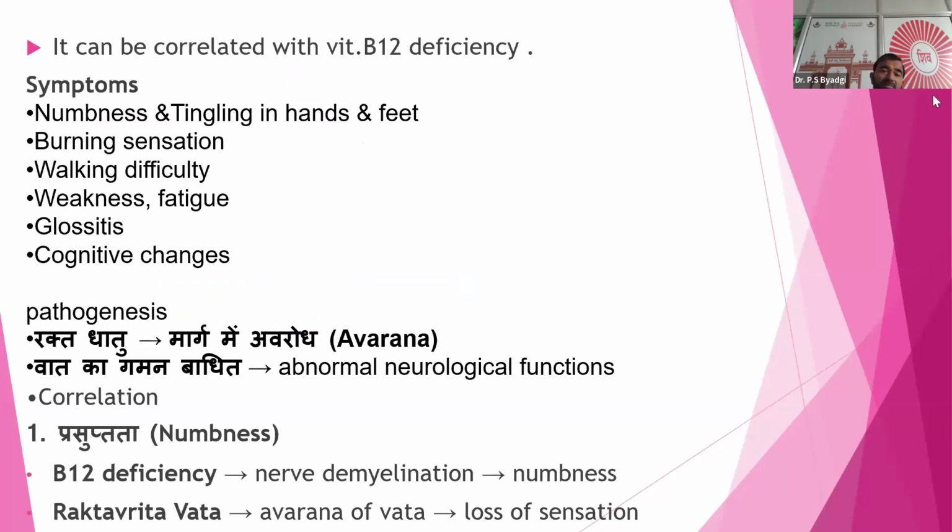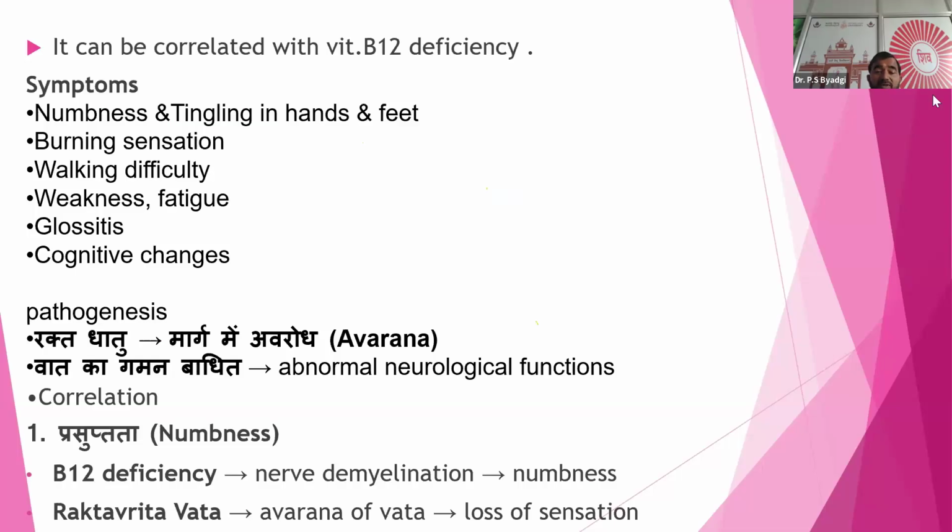The modern medicine also says that vitamin B12 deficiency causes numbness and tingling in the hands and feet, burning sensation, walking difficulty, weakness, fatigue, glossitis, and cognitive behavioral changes we can get in case of the advanced conditions of the anemias.